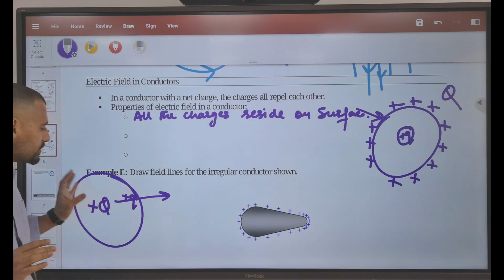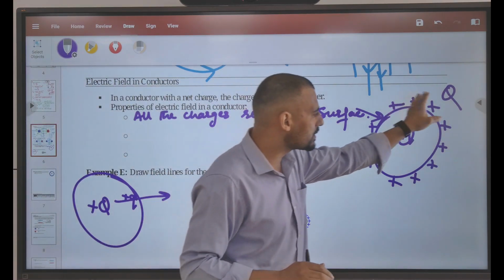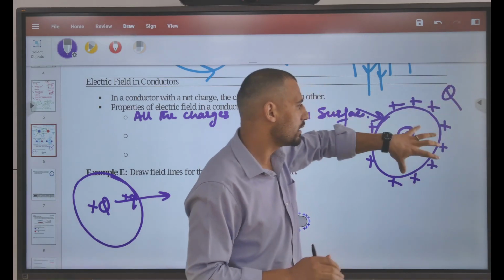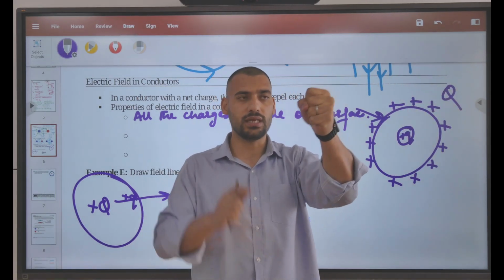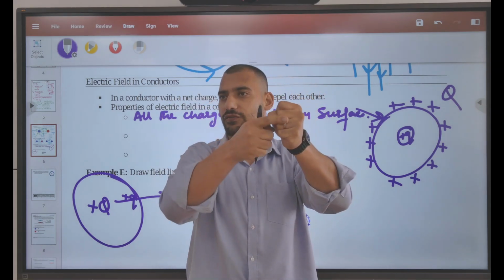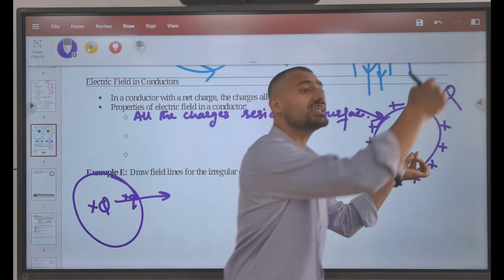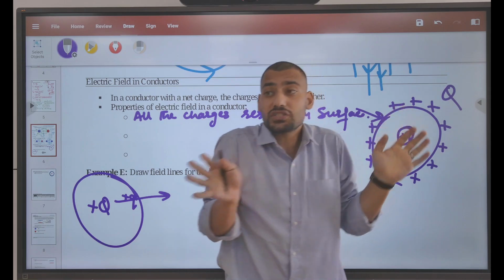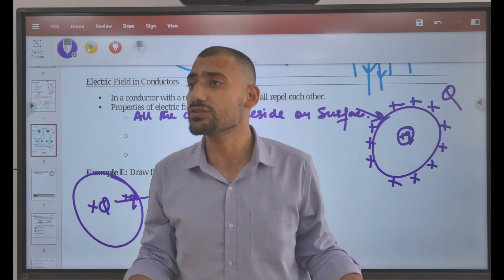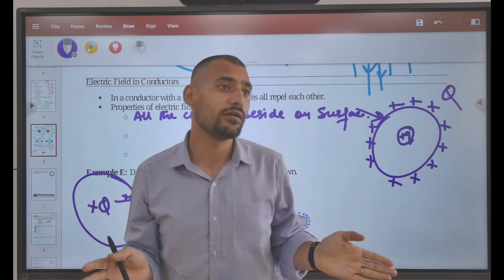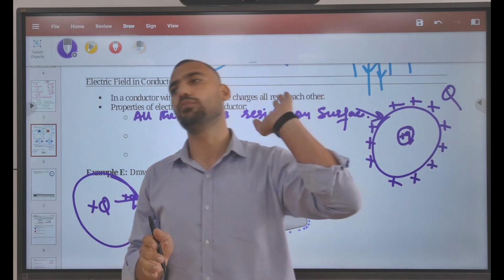Now when there is a body, it has some charge, but this is a three-dimensional body, okay? The charge is present all over the surface, and I am taking this test charge and placing it inside the body. The question is, will it experience any force? Yes or no?